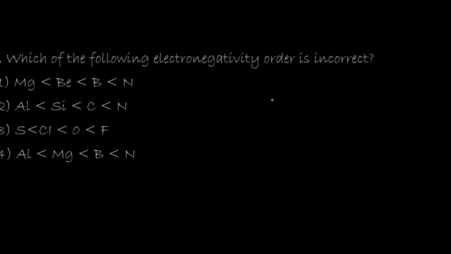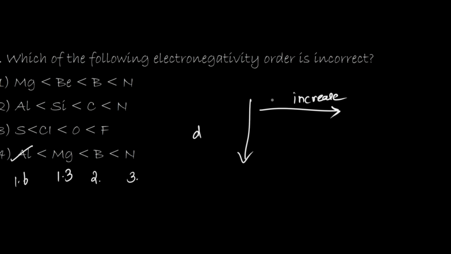So the answer to this question is Al, then magnesium, then boron, then nitrogen, that is the incorrect order. Because the electronegativity of aluminium is 1.6, magnesium 1.3, boron 2, and then nitrogen 3. Also, electronegativity increases moving along the period and decreases as we move down.